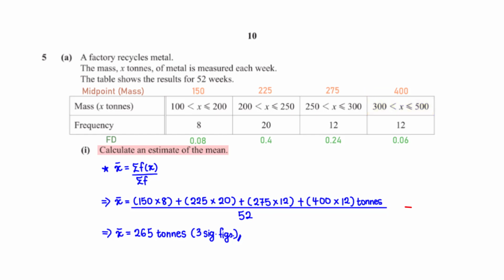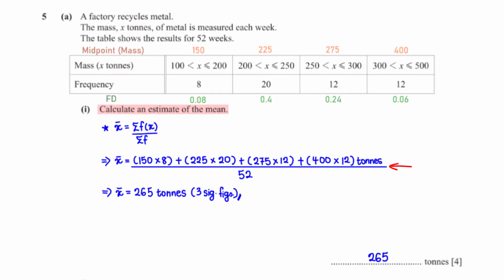So for sigma f of x, we have 150 times 8 plus 225 times 20 plus 275 times 12 plus 400 times 12 tons divided by 52. When we type this into the calculator, we get 265 tons, rounded to 3 significant figures.